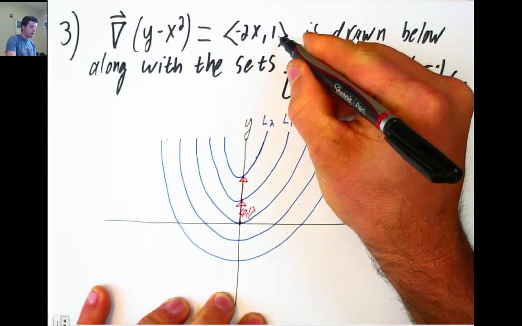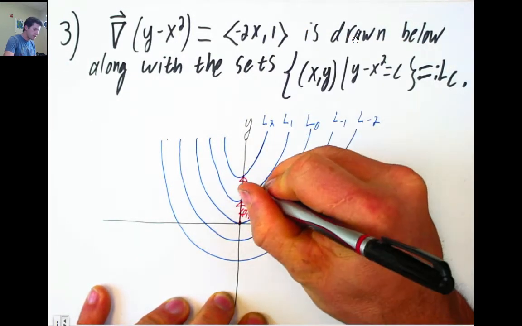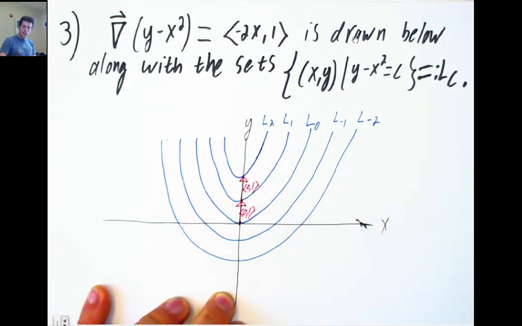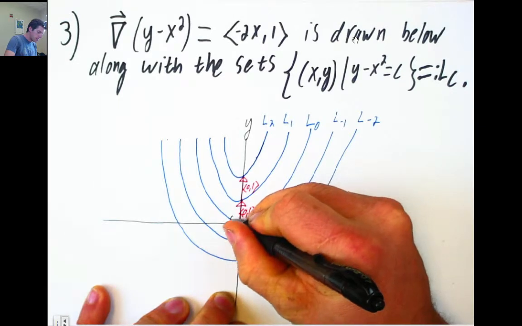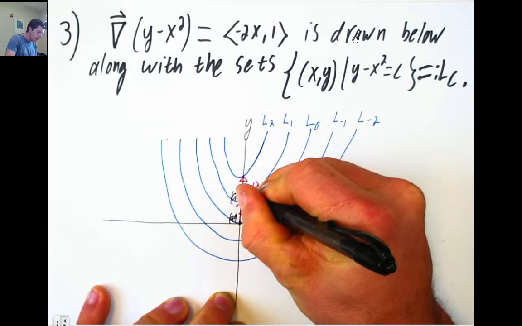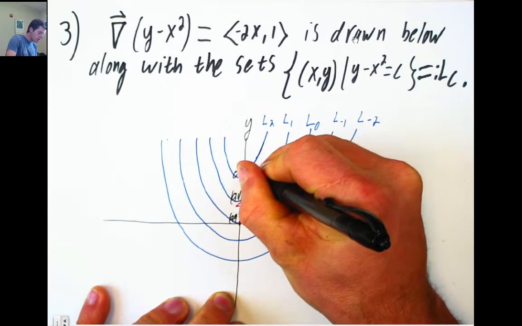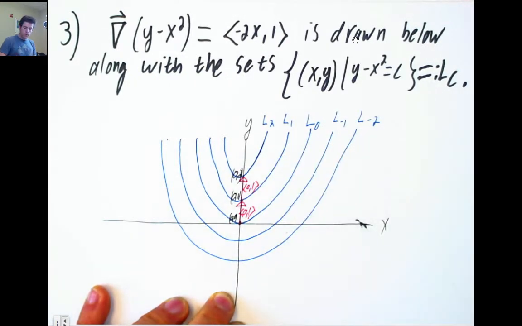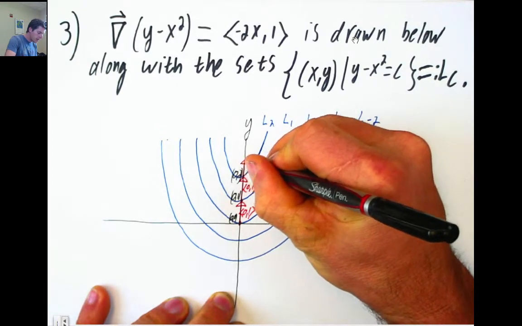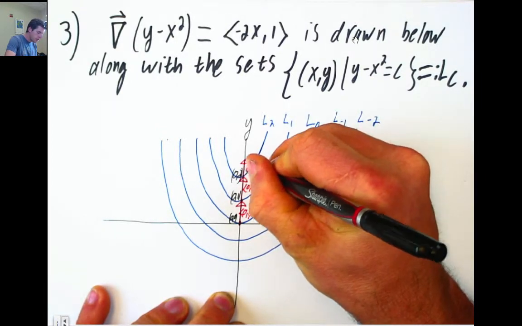So this is 0, 1 also, starting at a different point, right? That's the point 0, 0 right there, and that's the point 0, 1 right there. And even at the point 0, 2, the vector function points straight up to give us another 0, 1.